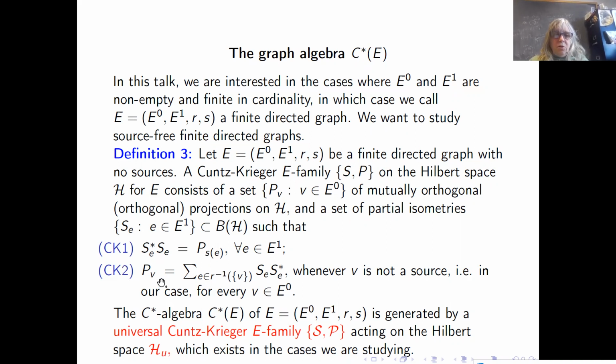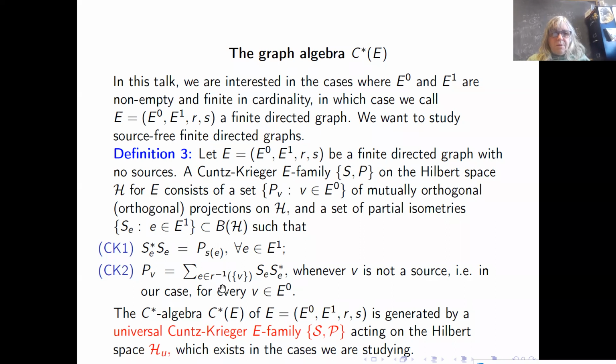And then CK2 is that the projection corresponding to V is the sum over all edges E whose range is V of S_E times S_E star, whenever V is not a source, but in this case it would be for every V.